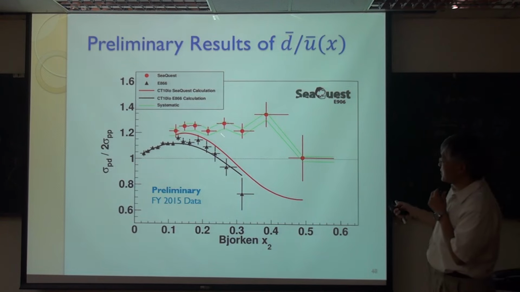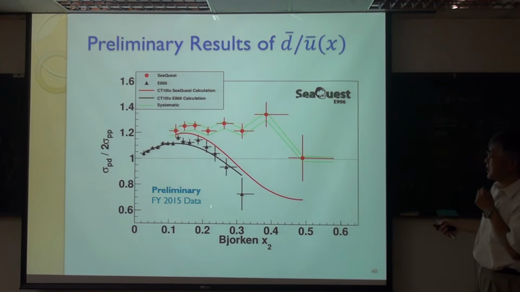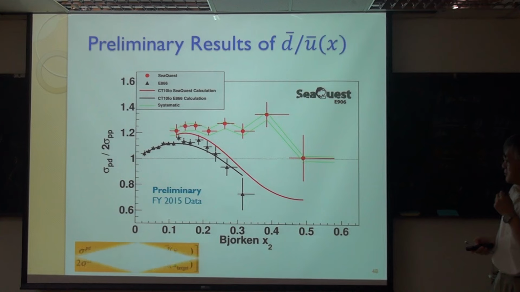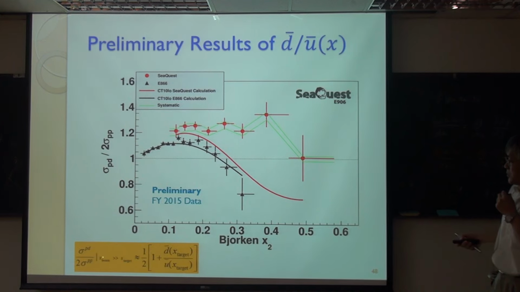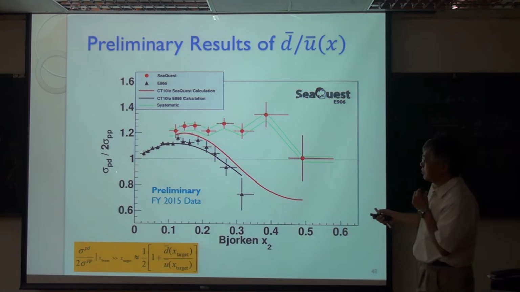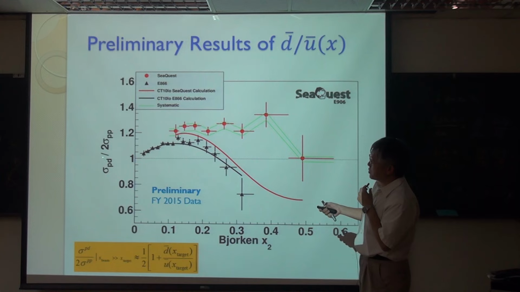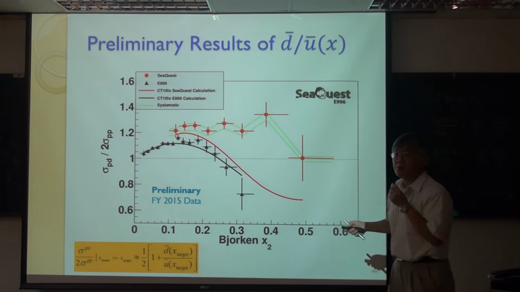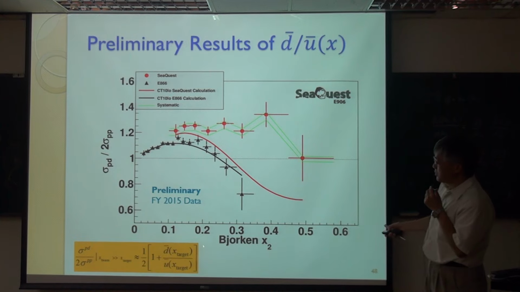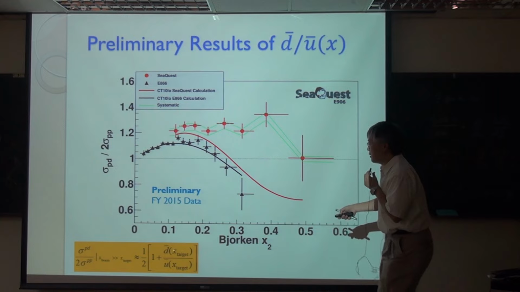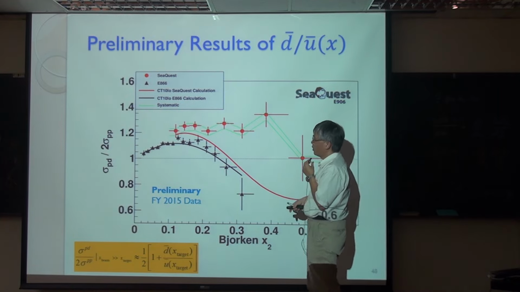This is the preliminary result from 2015. As I told you, if you take the cross-section ratio of proton on deuterium divided by 2 times proton on hydrogen, it gives you an idea of the d bar and u bar ratio.